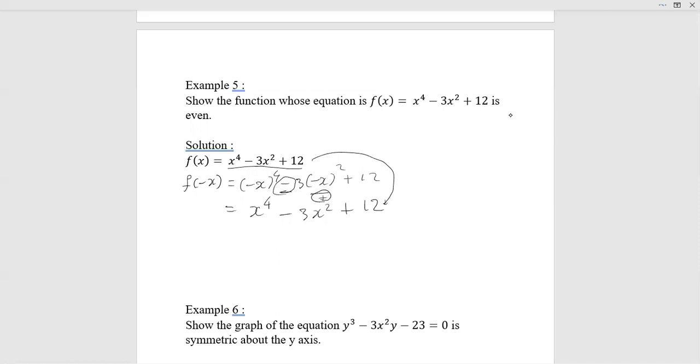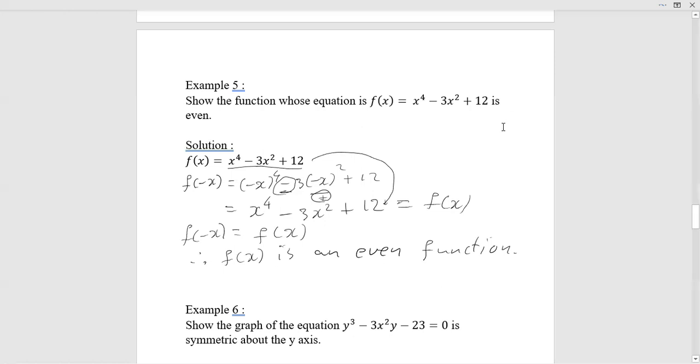Therefore, we can say f of negative x is equal to f(x). Therefore, f(x) is an even function.